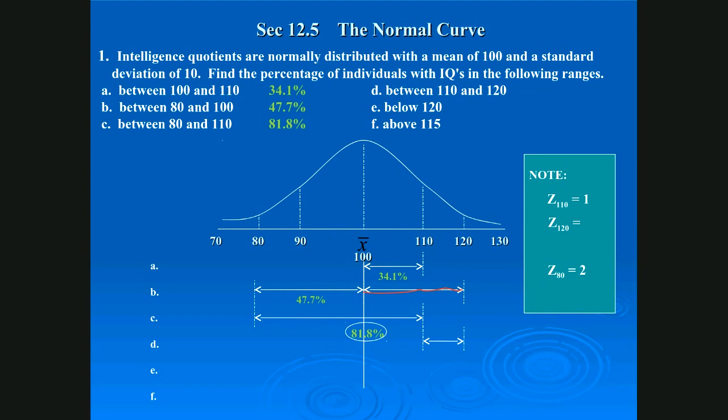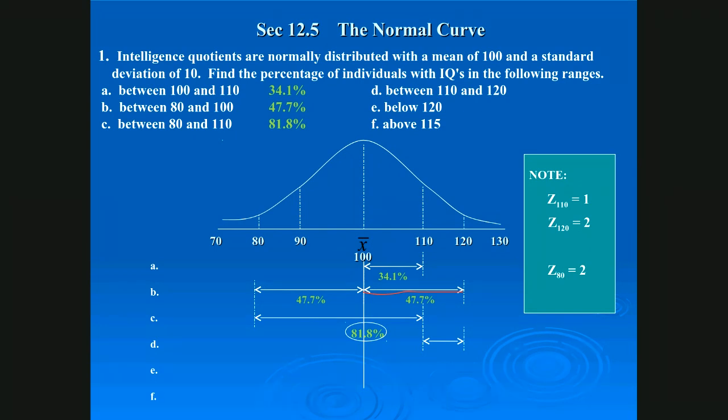From 100 to 120 is 2 standard deviations, so our z-score is 2, which means that we have 47.7% of our individuals that have a score between 100 and 120.